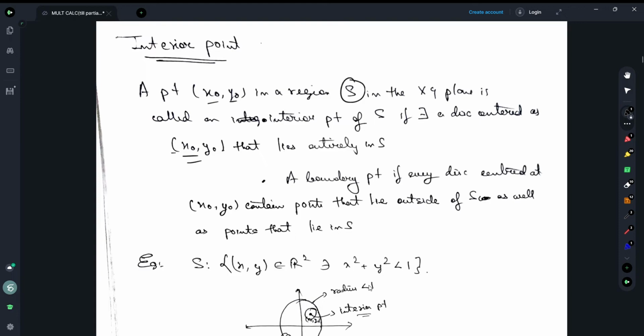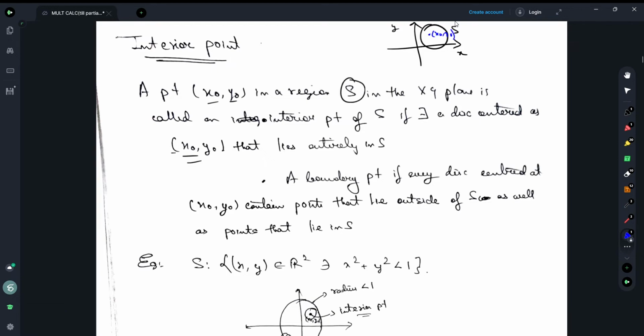See, suppose you have the xy plane, and you take a region S. So this is a region you have, S. Clear? Now you take a point x0 y0. So suppose you take a point here as x0 y0. Clear?